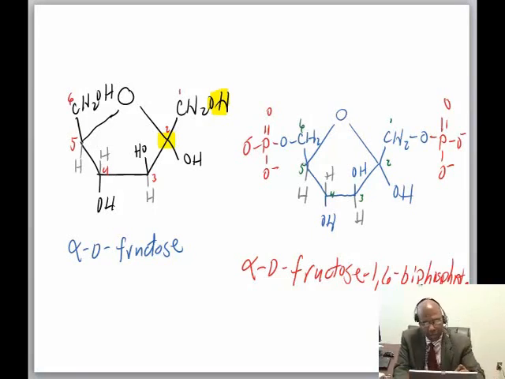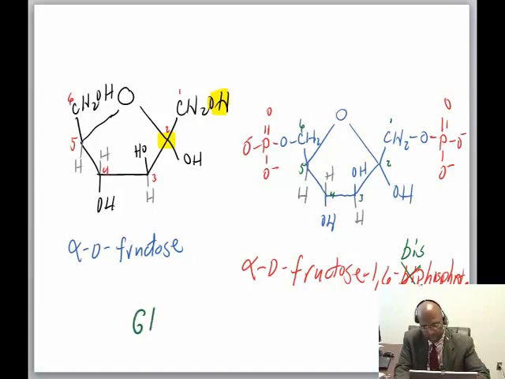They don't use bi because these two phosphates aren't together. They're separated from one another. And so instead of calling it biphosphate, this compound is called bisphosphate. And so it's alpha D fructose 1,6 bisphosphate. And this compound is very important in metabolism again, especially in glycolysis.